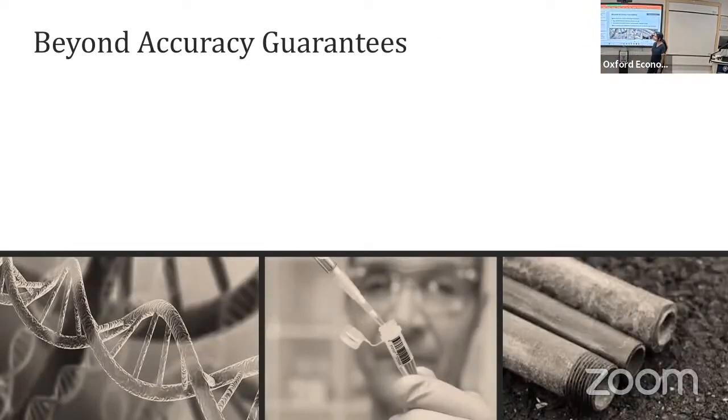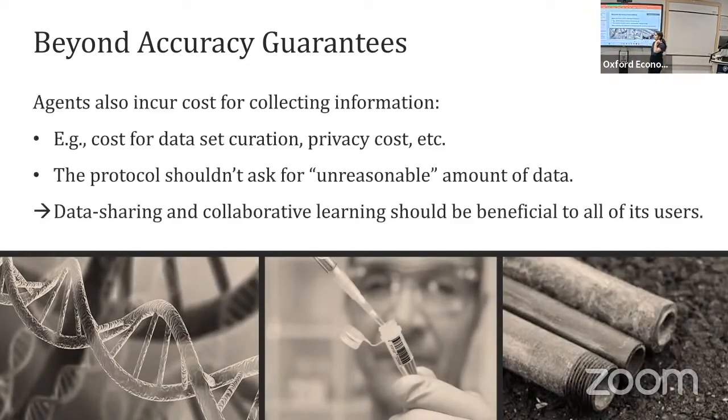This is about the trade-offs between accuracy and the amount of information needed per group. In physical domains like testing pipes for lead, medical research, the cost of data set curation is actually really high. Sometimes it's privacy cost, but a lot of times it's actual physical cost for doing something like digging a hole in your backyard, testing the pipe to see if there is any lead in it.